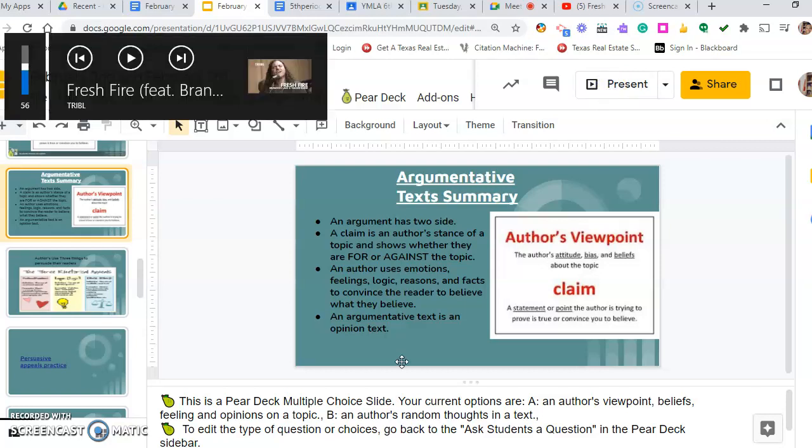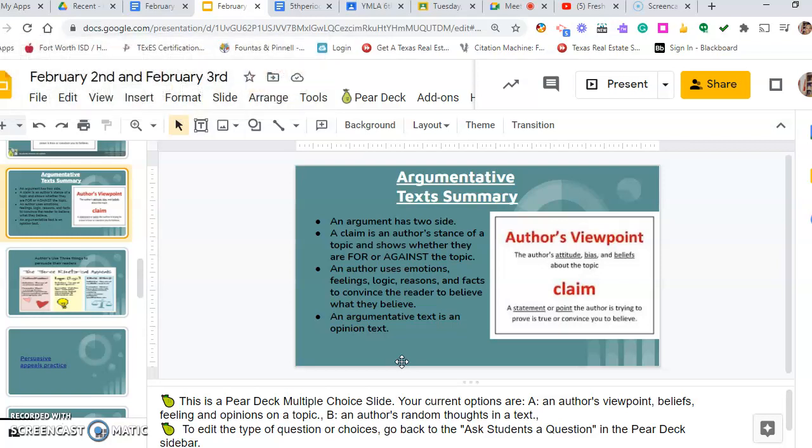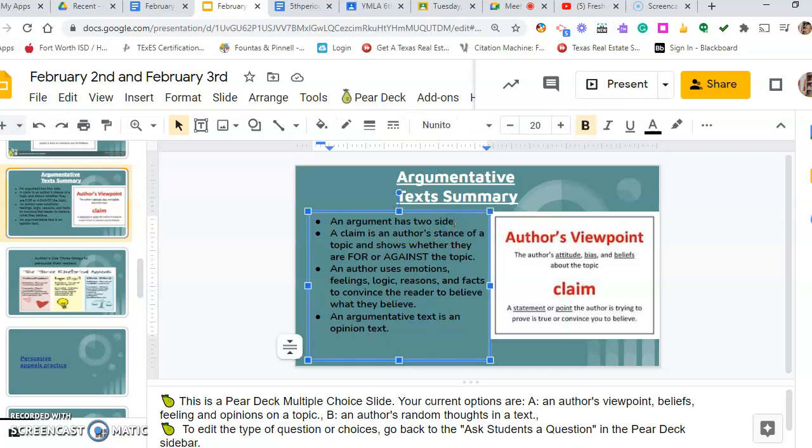This video lesson is on how to determine significant and less significant details in an argumentative text, as well as an overview of the purpose of argumentative texts. Remember that argumentative texts have two sides. The claim is an author's stance on a topic and shows whether they are for or against it.